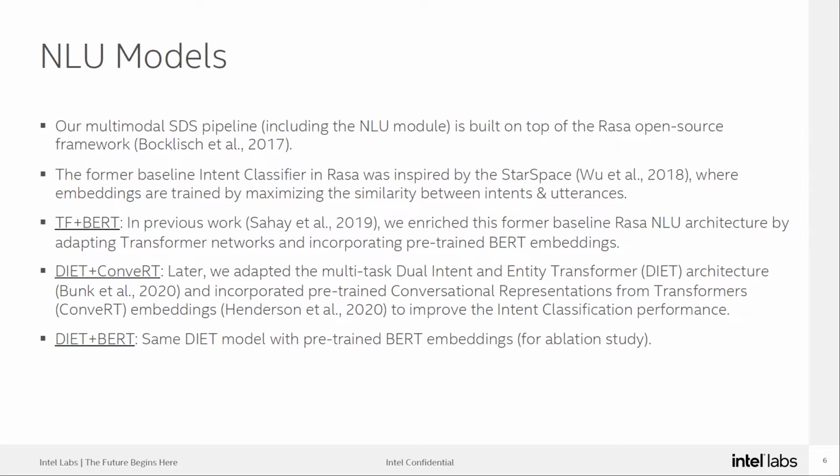The former baseline intent classifier in Rasa was mostly an embedding-based classifier, inspired by the StarSpace algorithm, proposed by Facebook in 2018. It's an approach to training supervised embeddings instead of the unsupervised ones that we all used to have, trained on unlabeled corpora.